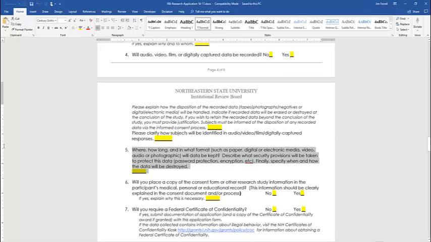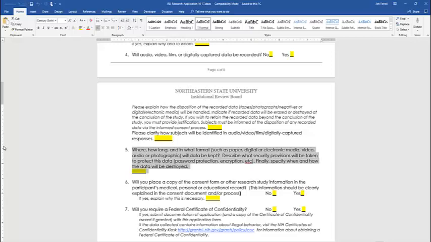So here, number 4 says, yes, we're going to capture this data. Number 5 says, how long are you going to keep it, and how are you going to get rid of it? And so we want to see things like it will be saved on a laptop computer that is password protected, or, if it's printed copies of surveys, that it's stored in a locked file cabinet, that kind of stuff.